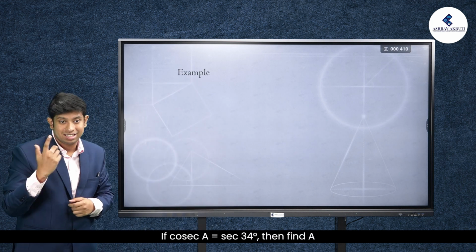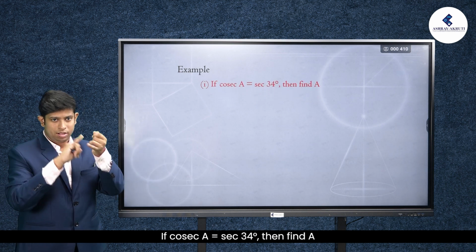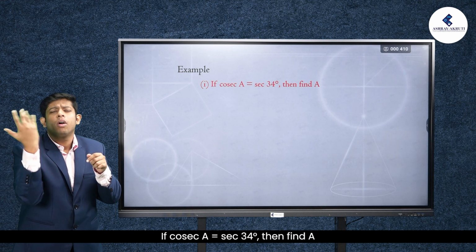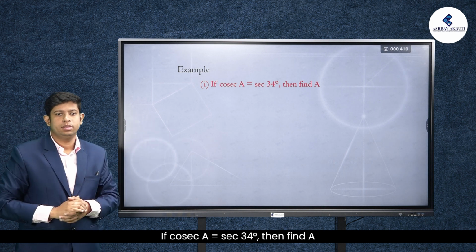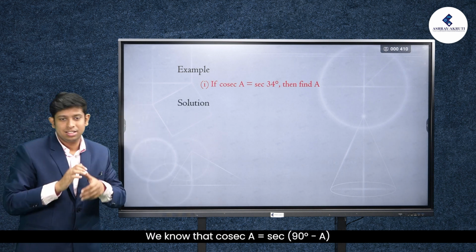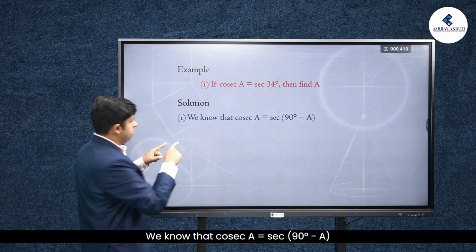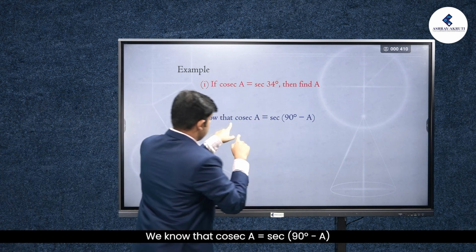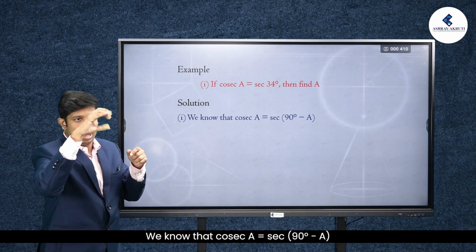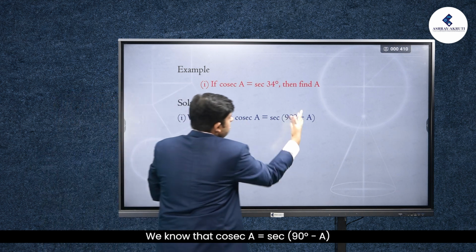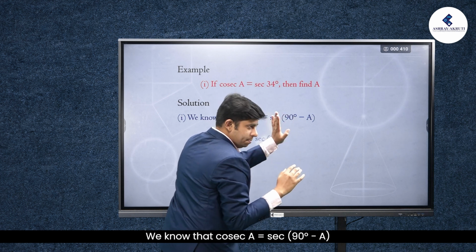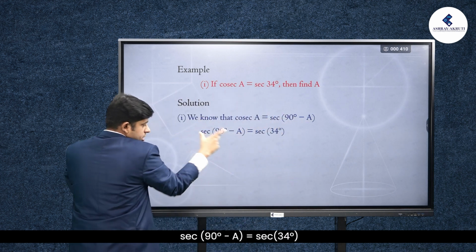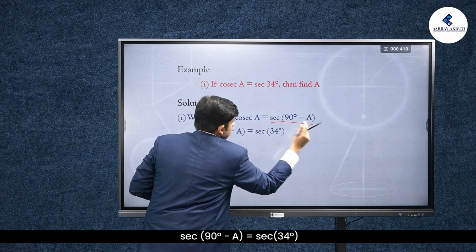Example: if cosecant A is equal to secant 34 degrees, then find A. Solution: we know that cosecant A is equal to secant 90 degrees minus A. That is, secant 90 degrees minus A is equal to secant 34 degrees.